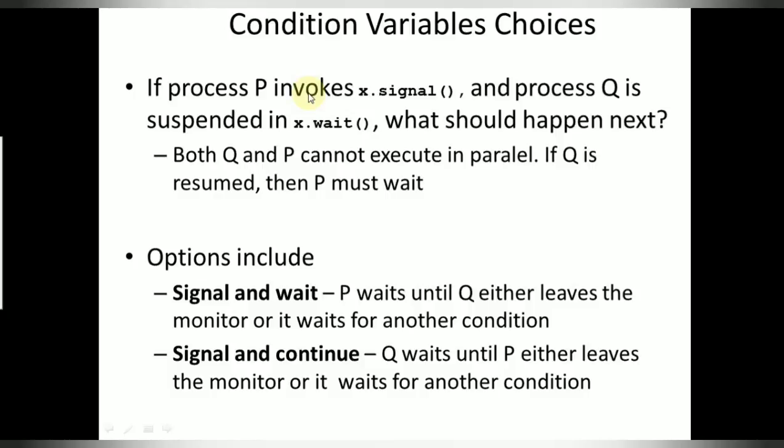As discussed earlier, only one of the processes can be active at a time. It can be either P or Q but not both. One of them will be active, the other has to wait.